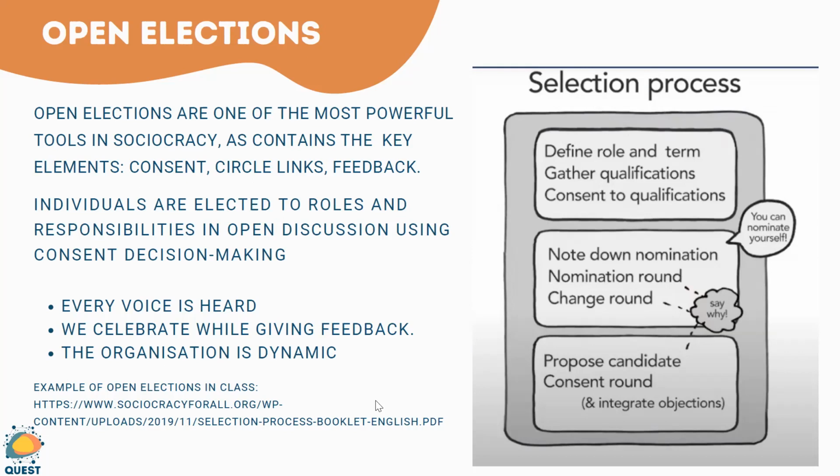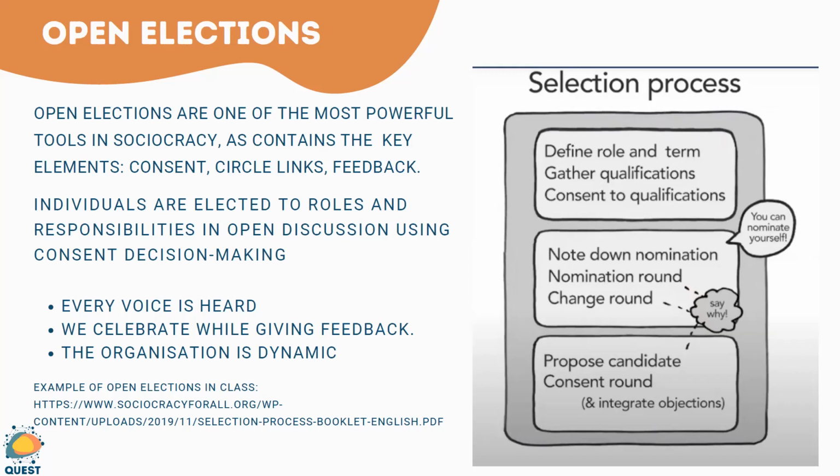So how does it work? We imagine we need to define the school leader for the school assembly. Then we need to clearly define the role: what will the role be and what qualifications does it entail?